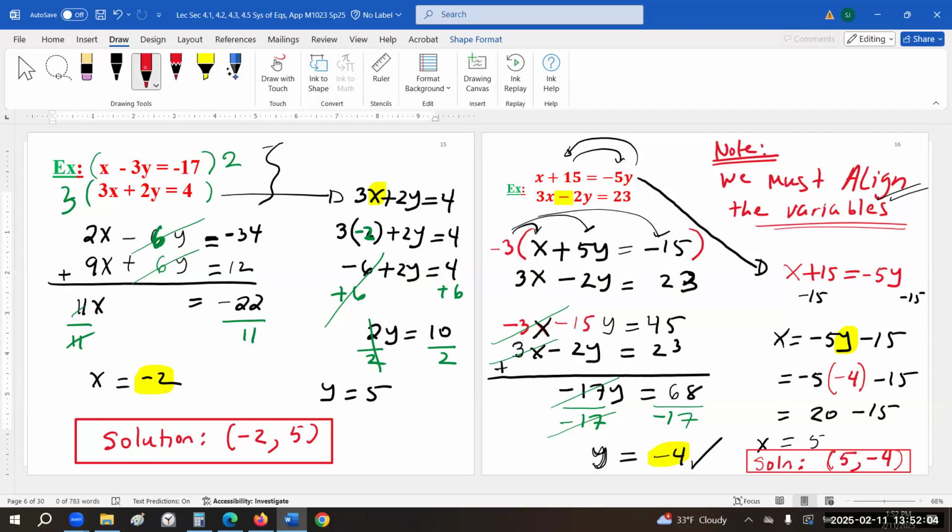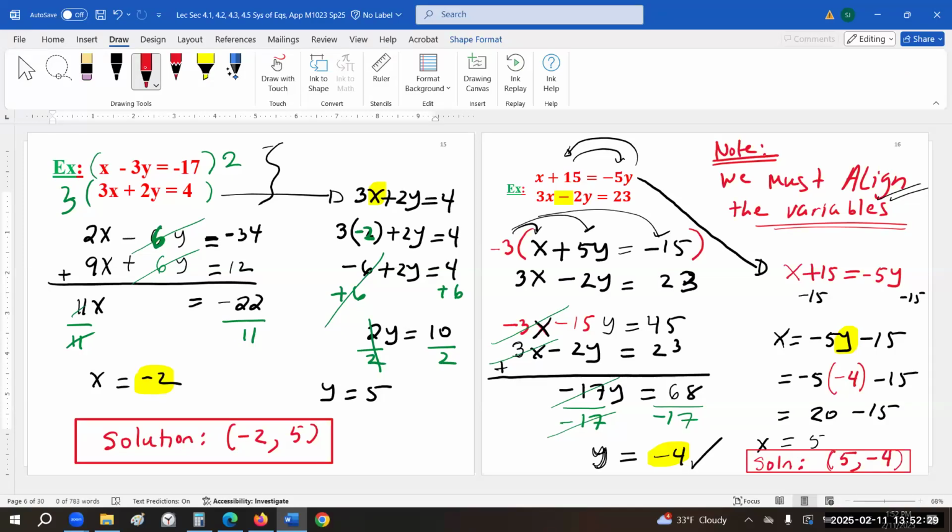You can. What is your y? What is negative 5 times negative 4? Positive 20.